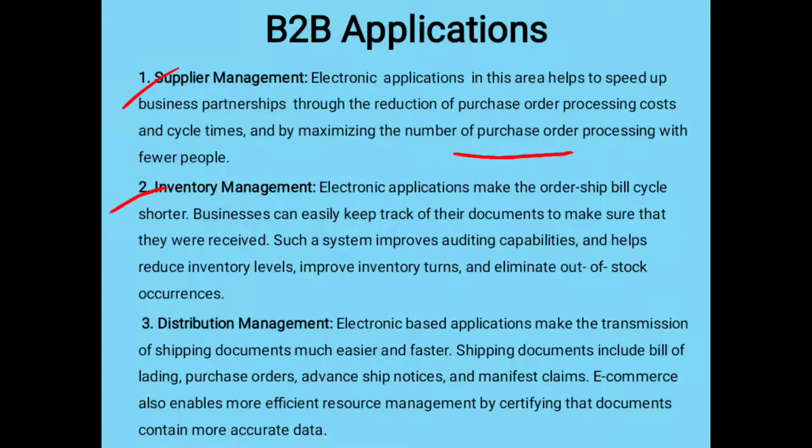Then inventory management. Electronic applications make the order-ship-bill cycle shorter. So businesses can easily keep track of their documents to make sure they were received. Such systems improve auditing capabilities and help reduce inventory levels, improve inventory turns, and eliminate out-of-stock occurrences. Inventory control details are also looked after and marked in the website.